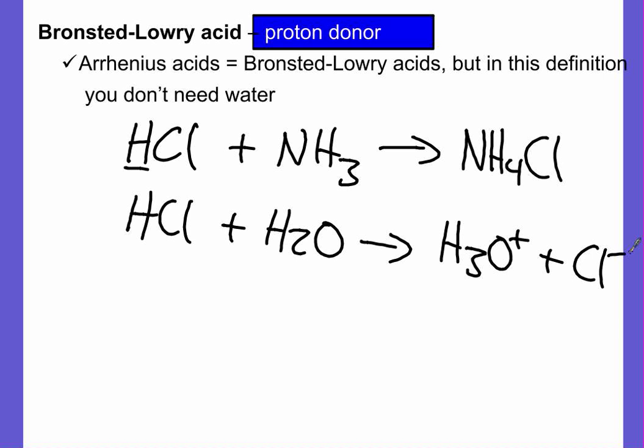Hydrochloric acid obviously can act as an Arrhenius acid, but if it's reacting with ammonia and there's no water and you make that ammonium chloride, it's not technically an Arrhenius acid, it's just a Bronsted-Lowry acid, which is why they had to have different definitions to begin with, because sometimes it is one thing without being the other. So they had to come up with another definition to explain this kind of reaction between hydrochloric acid and ammonia that didn't apply before.